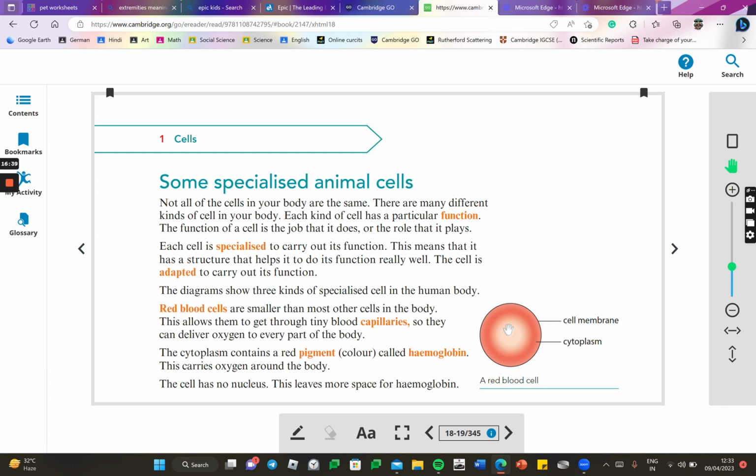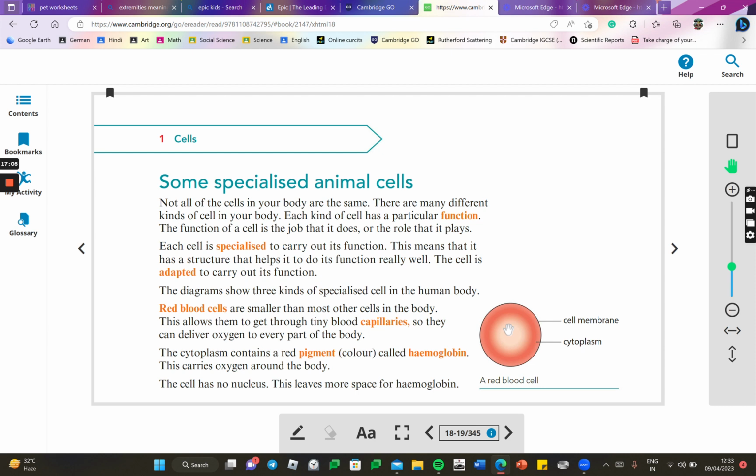The function of a cell is the job that it does or the role that it plays. Each cell is specialized to carry out its function. This means that it has a structure that helps it to do its function really well. The cell is adapted to carry out its function. The diagrams show 3 kinds of specialized cells in the human body.